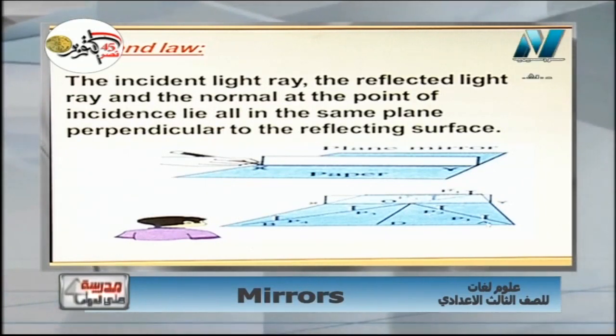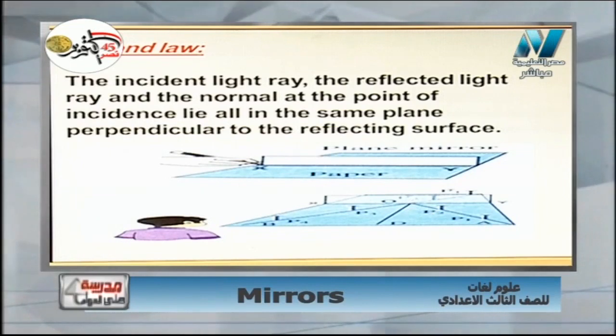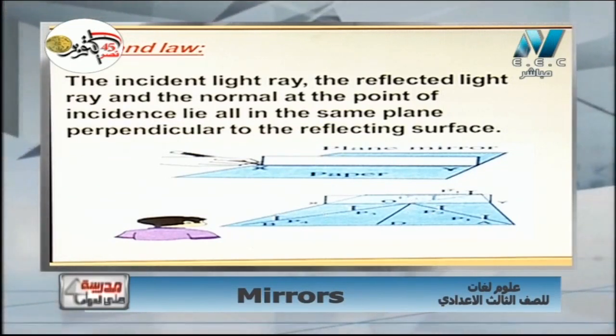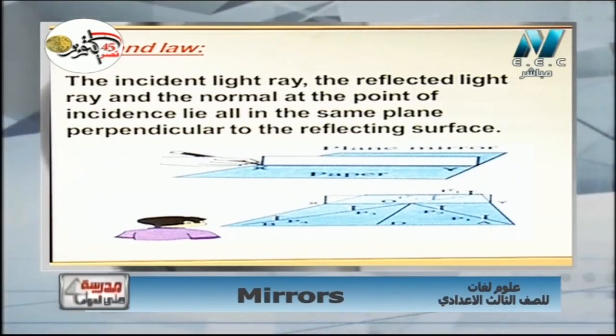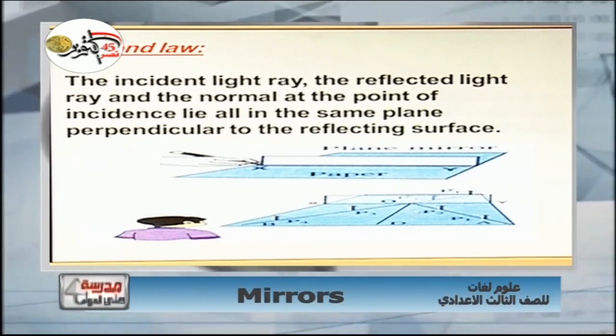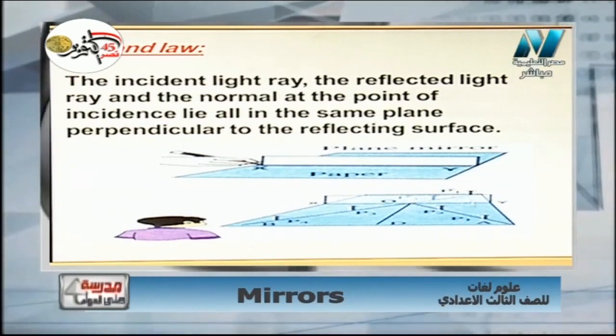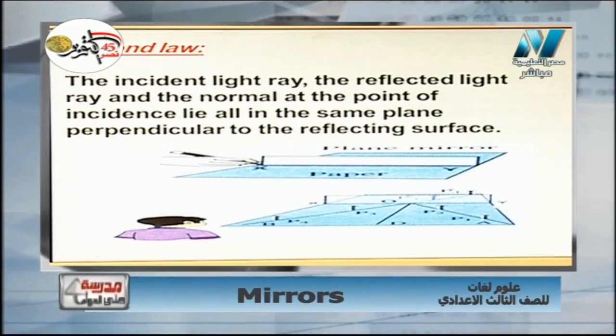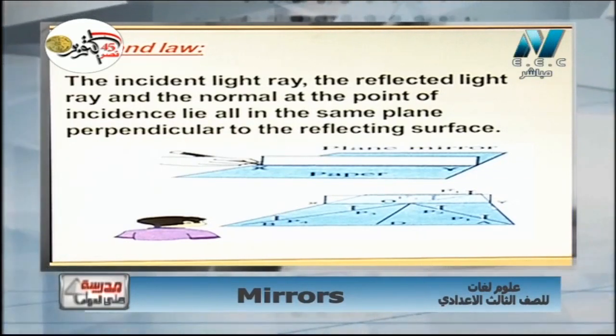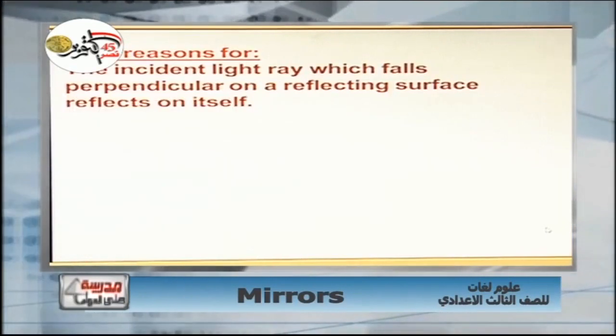After drawing you will find that the incident, the reflected and the normal, all of the three, are on the same paper, meaning on the same plane. The plane makes 90 degrees with the mirror, so it is perpendicular to it, and this is the second law.